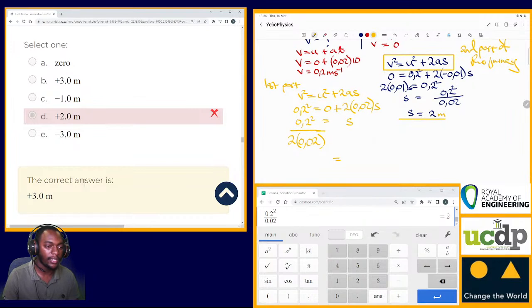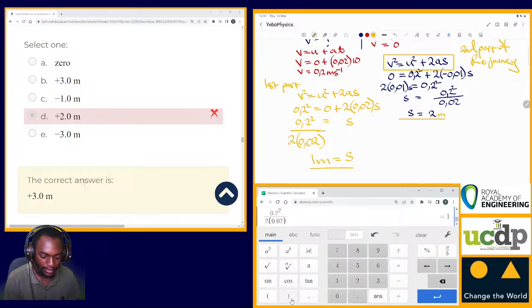Then we can punch that. 0.2 squared, divided by 2 open bracket 0.02. So our s is 1 for the first part of the journey.